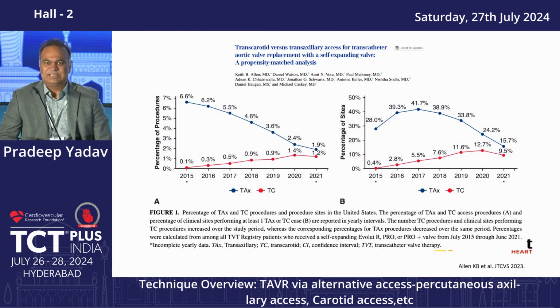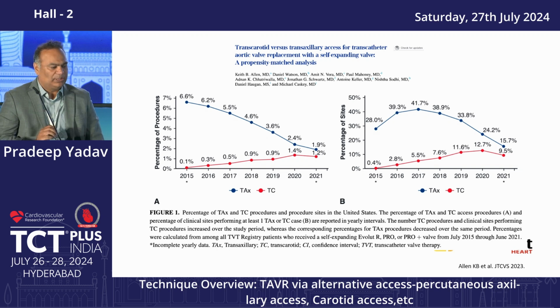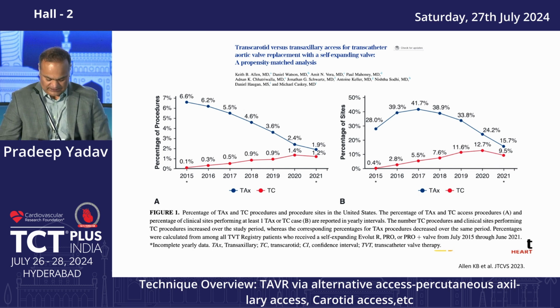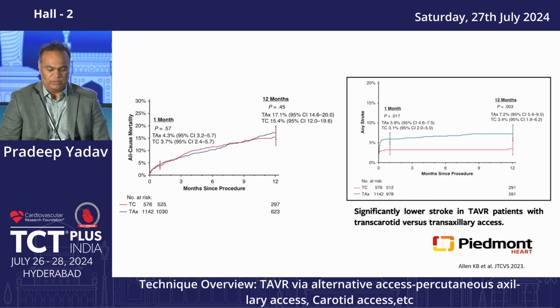So transcarotid versus transaxillary, this is just showing you the trends. The blue line is transaxillary, and what it's showing is that initially there were a lot of centers who were doing axillary, either via cut down or percutaneous, and that trend has slightly shifted towards carotid, where people are doing more and more carotid. And this was basically because of stroke risk.